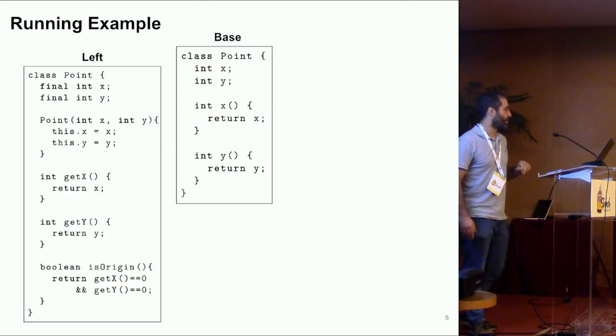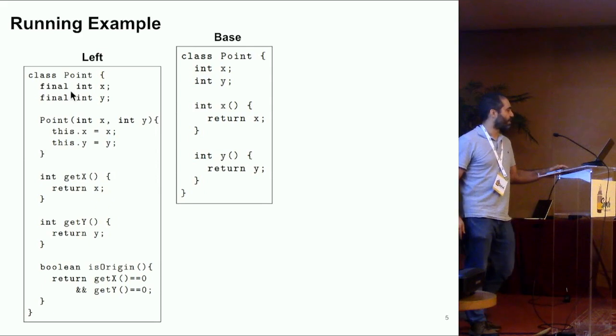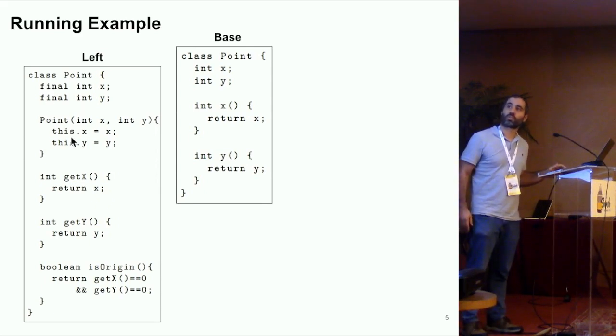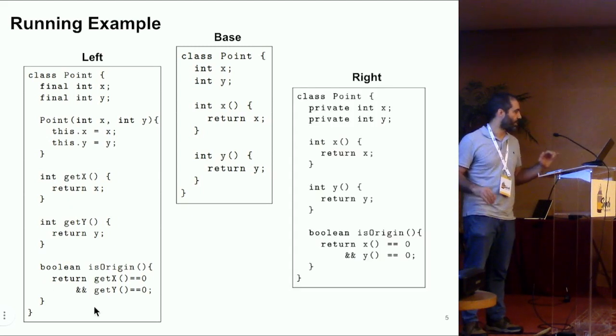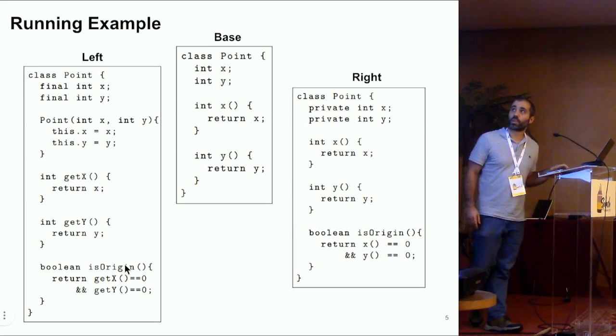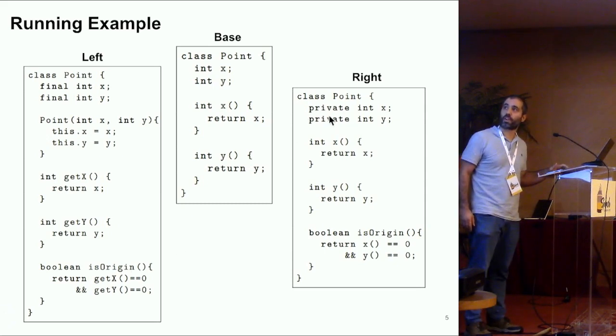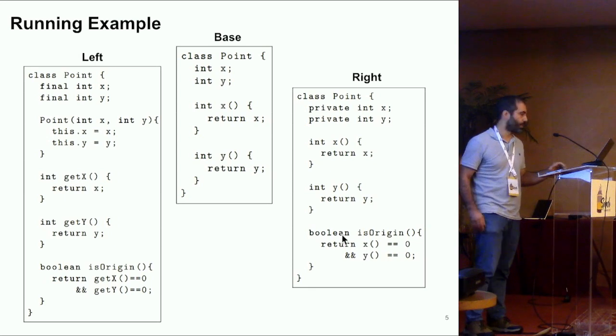Then the left version has added final modifiers, added a constructor, renamed the getters to the get pattern, and added this isOrigin. Very trivial. And the right version has added different modifiers. There were no changes here, and it also added an isOrigin, but using the original getters.